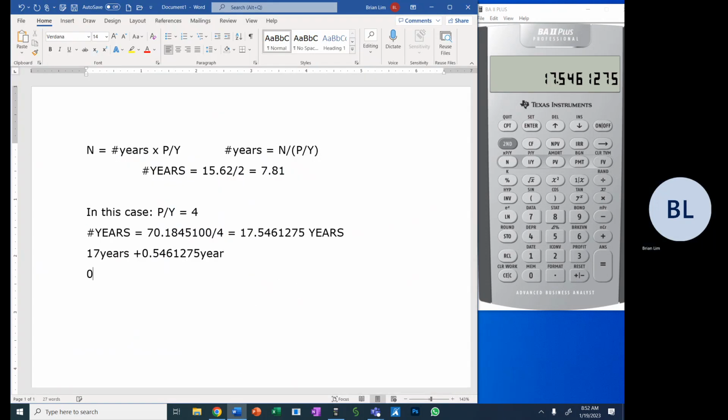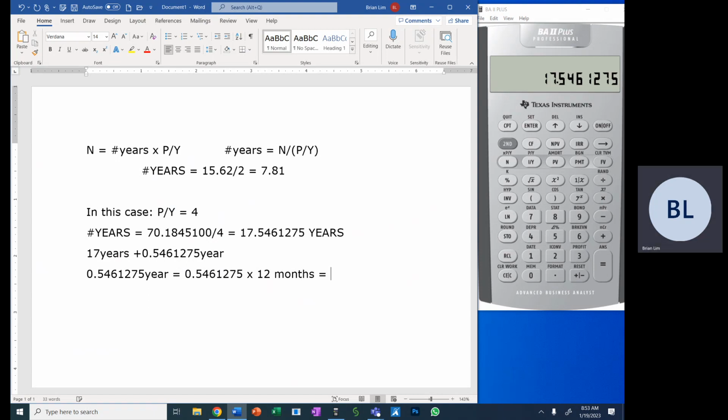So 0.5461275 of a year is equal to what? 0.5461275 times 12 months, which is equal to what?